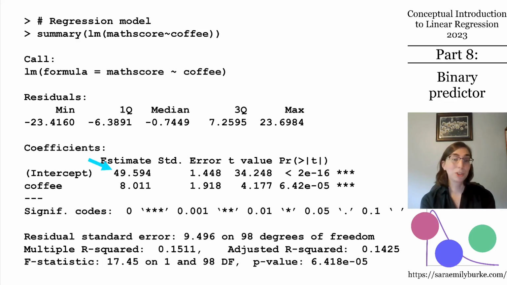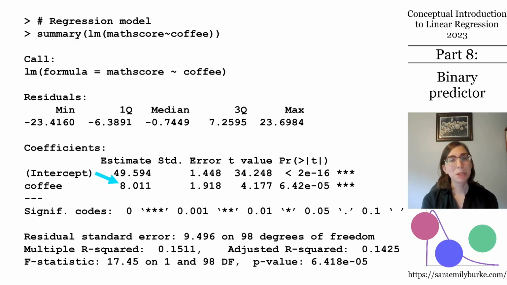The predictor has only 2 values, 0 and 1, and the 0, 1 represents one of our 2 experimental conditions, and the response variable is the math test score. So this is the estimated math test score in the no coffee condition. The slope is 8.01. What does that mean?